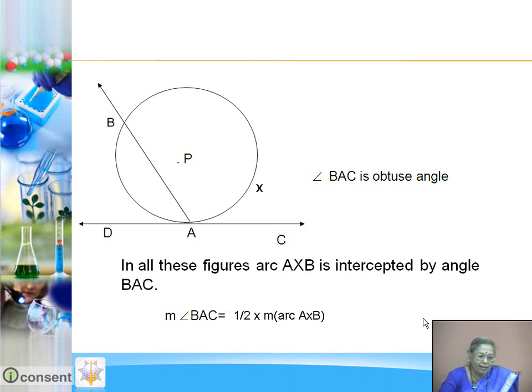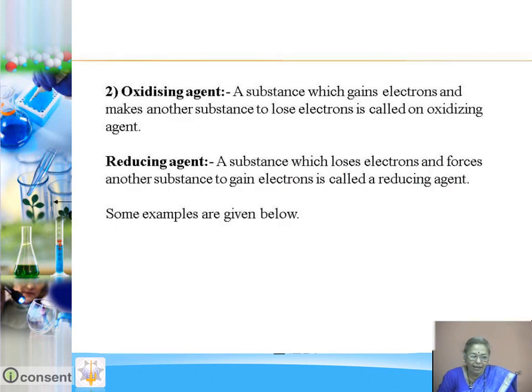Now let us see one example. Here, angle DAB is given as 70 degrees. Now what is the measure of the arc formed by this angle? You will see that the measure of the arc is 140 degrees.